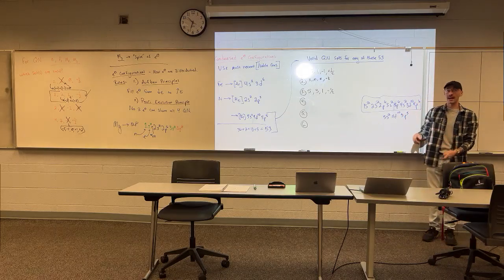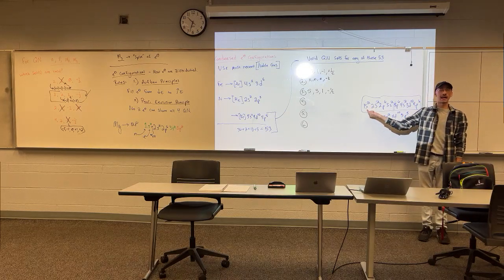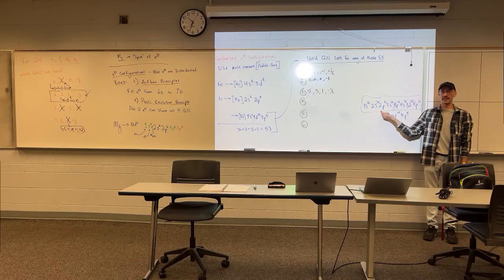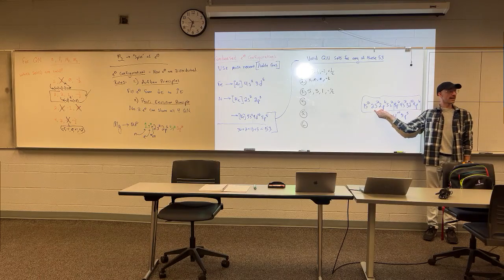So iodine, yes or no? Iodine has electrons in the first energy shell. Yes. How many? 2. So there are 2 quantum number sets that you could provide for the 2 electrons in the first energy shell. How many electrons does iodine have in the second energy shell? 8. 2 of them are in the S subshell, 6 are in the P subshell.